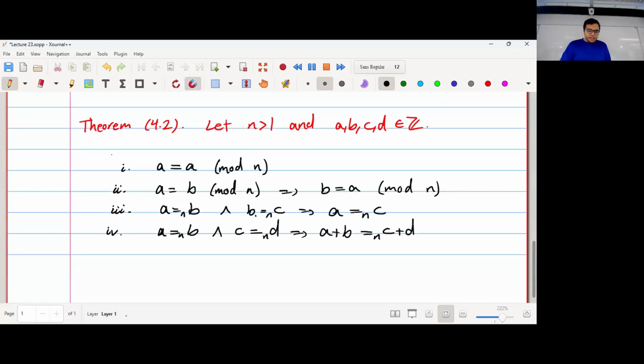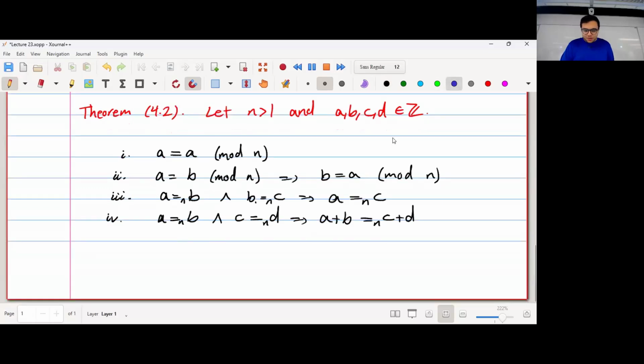This is also trivial, but not quite as trivial as the previous ones. So if a is equal to b modulo n, what does that mean? It means that n divides a minus b, right? So I can say that a minus b is some k times n. And similarly, I can say that c minus d is some other number, let's call it l times n.